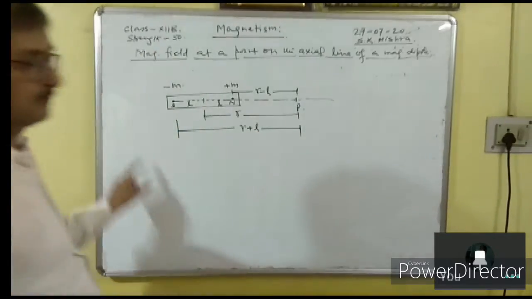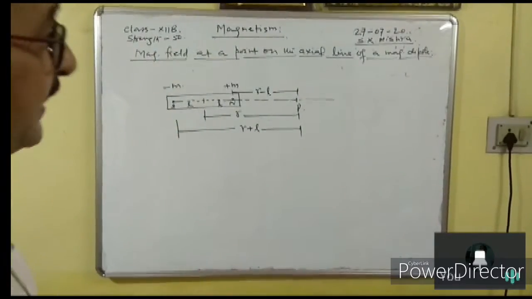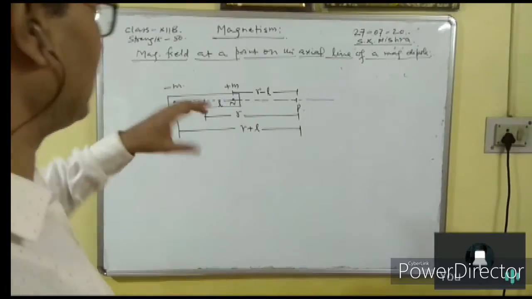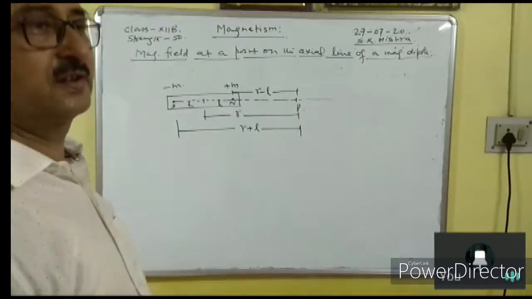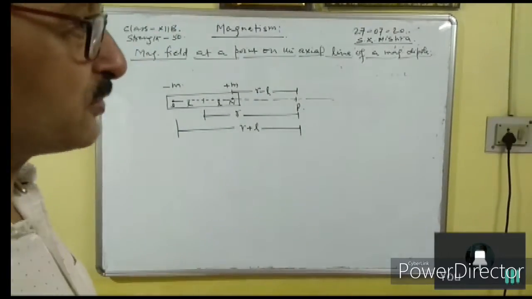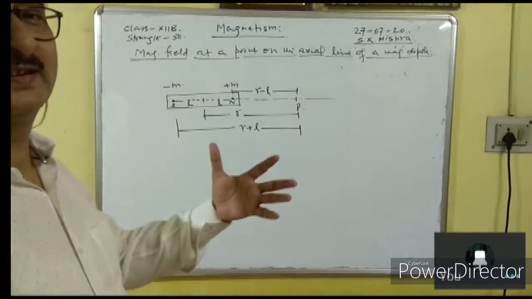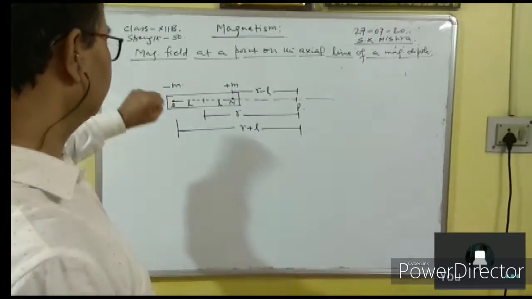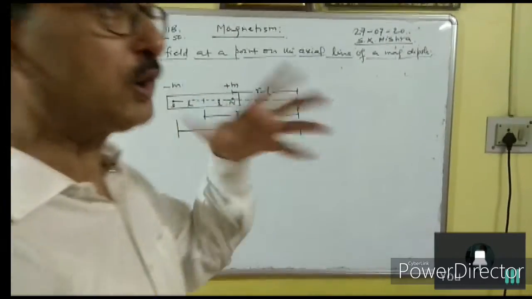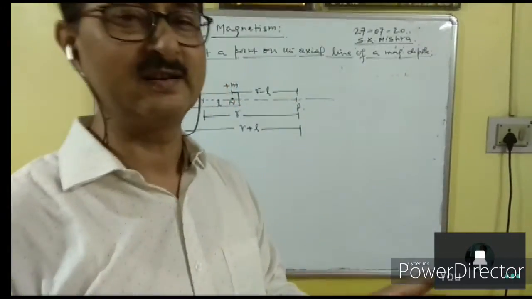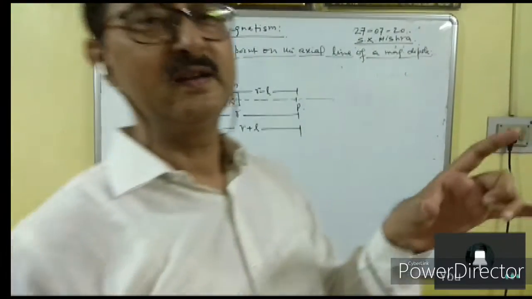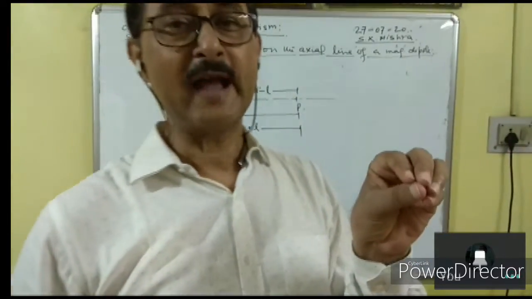So write down: magnetic field at a point on the axial line of a magnetic dipole.